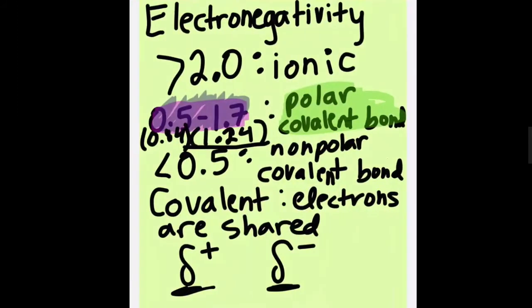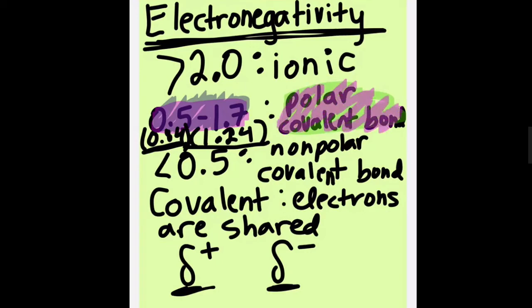And when we go back to our electronegativity chart, 0.84 is between 0.5 and 1.7. So this means that the bond between the hydrogen and nitrogen in ammonia is also a polar covalent bond.